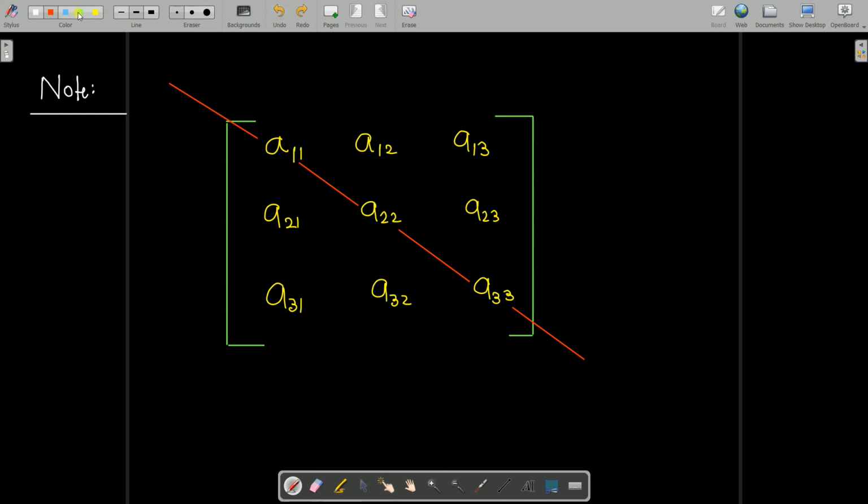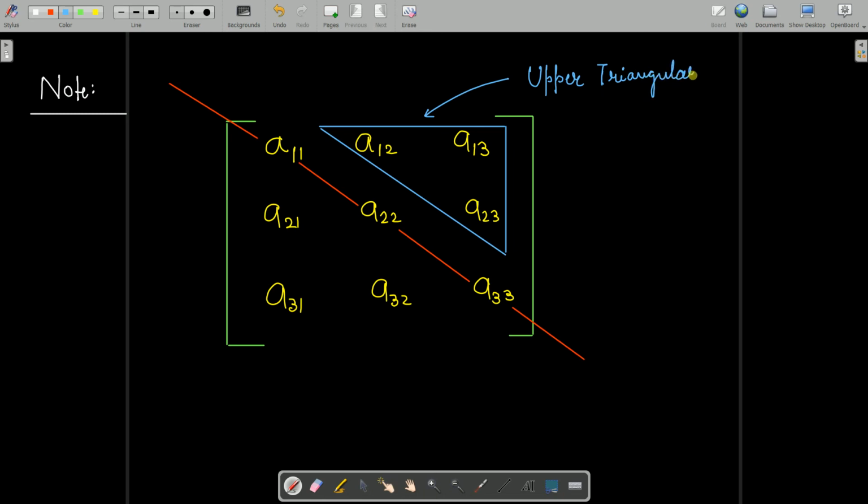Now the elements present on the top, forming the upper triangle, are called the upper triangular elements.